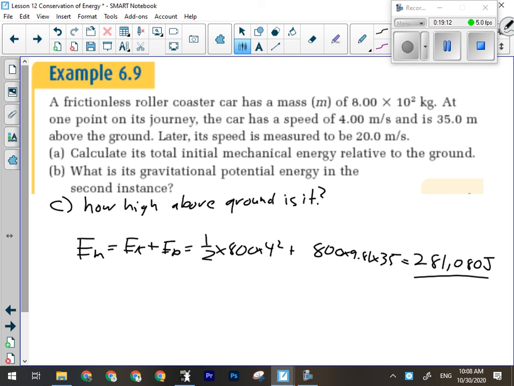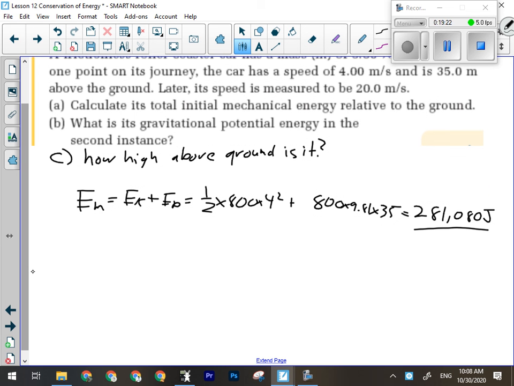Let's say I don't have HF, but I'm looking for the gravitational potential energy. You're right, I could just solve for HF and then go back and do this, but what I'm trying to show here is this idea. What do I know about this number? You subtract kinetic. Yeah. That's the mechanical energy everywhere along the path of the roller coaster, because the mechanical energy is conserved, right? So anywhere along the track, it has that much mechanical energy.